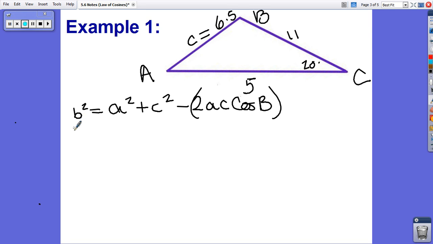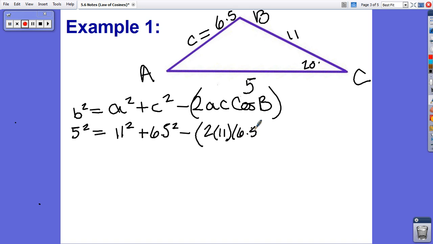B squared is, so 5 squared, 11 squared plus 6.5. Now remember, 6.5 is a rounded number, so if you round it to 2 decimal places, your answer might be a little bit different, but that's alright. Minus 2 times a, which is 11, times c, which is 6.5, times cosine of b, which we don't know what b is yet.